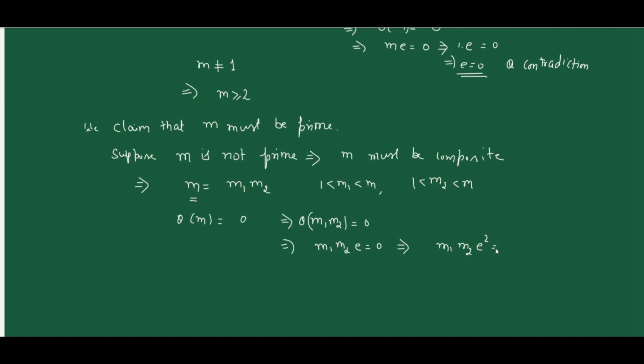You can write e as e square because e is a multiplicative identity, and this implies m1 e into m2 e, because everything is happening in the field p, and p is a commutative ring under multiplication. So m1 m2 e square is m1 e m2 e, which is equal to 0, and all this happens in p, and p is an integral domain because p is a field.